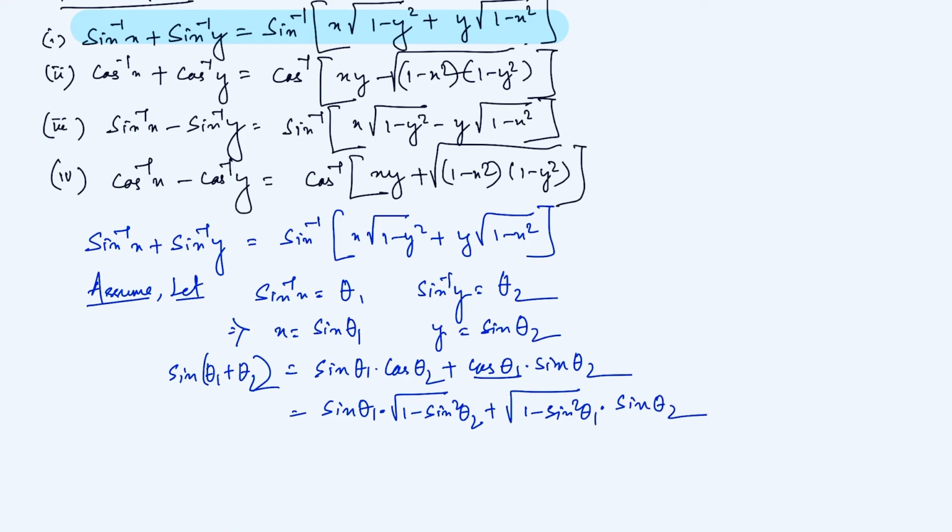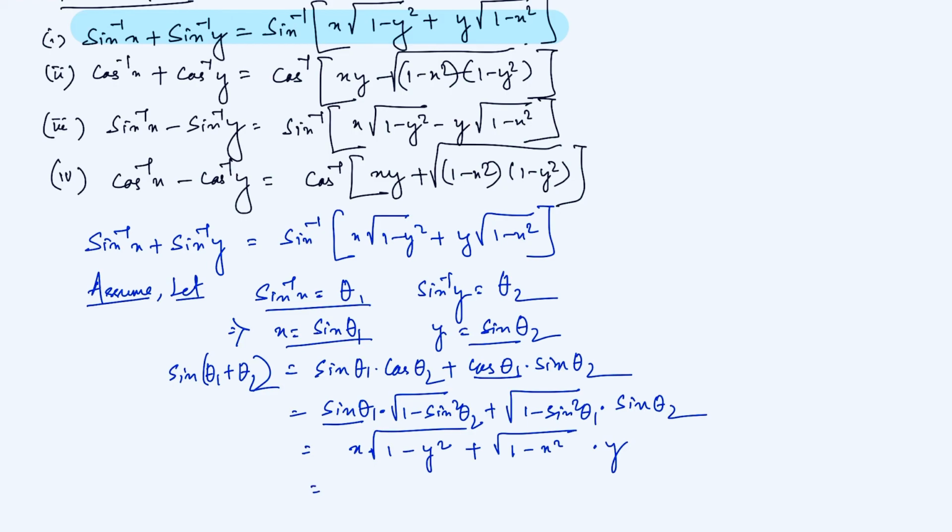Now you replace, because we know that x is equal to sine theta 1 and y is equal to sine theta 2. Now we can replace here which one will become x and which one will become y. So sine theta 1 is equal to x. So x into square root of 1 minus y square, because sine theta 2 is y, plus square root of 1 minus x square into y.